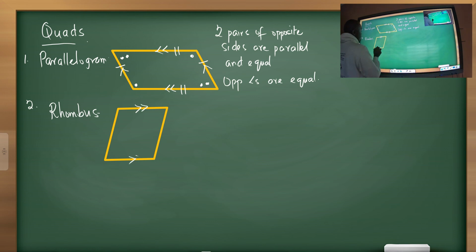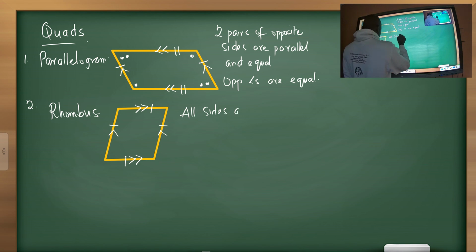Just like we said earlier in point number 1, parallel, but now all the sides are equal. That is the difference there. All sides are equal. And again, opposite angles are also what? Equal.